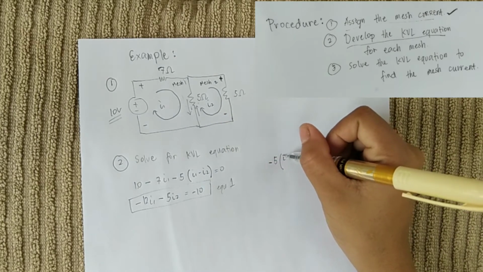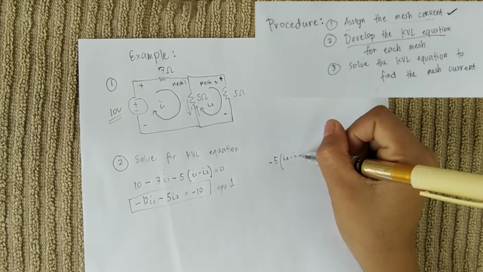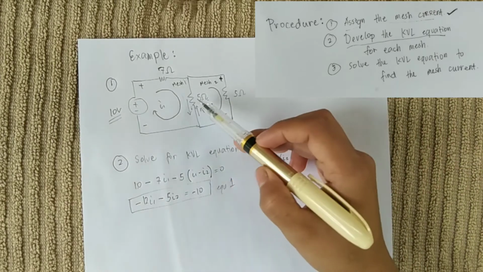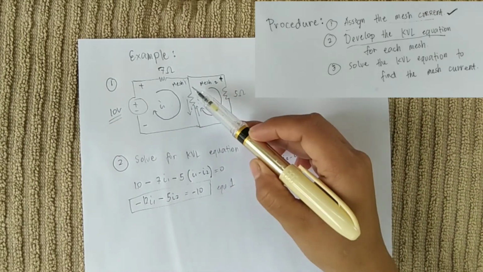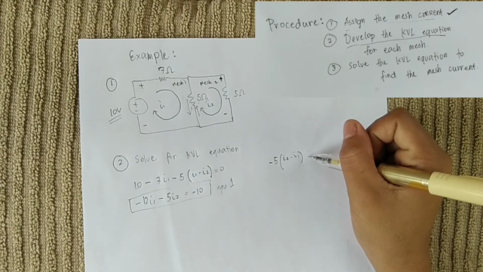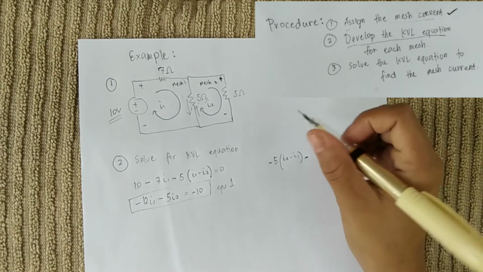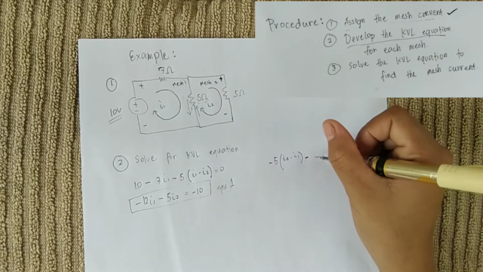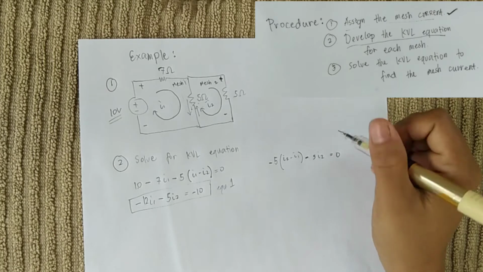So it's negative 5. Then I2 minus I1, because again, it's between the I2 and the I1 which have different direction. And then next, we have negative 5 I2 equals 0.